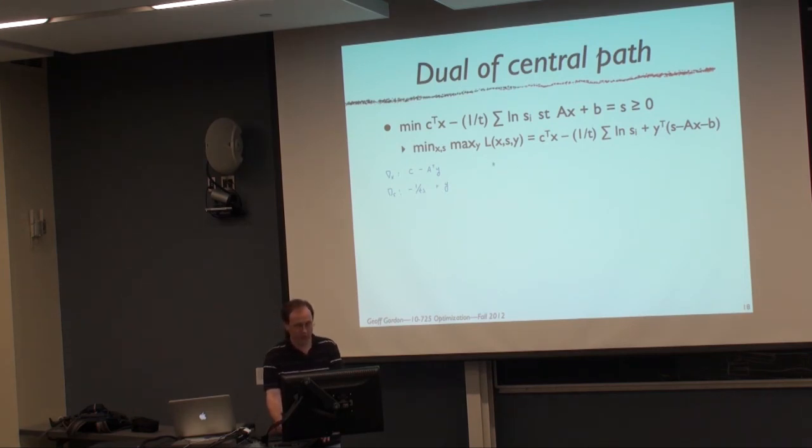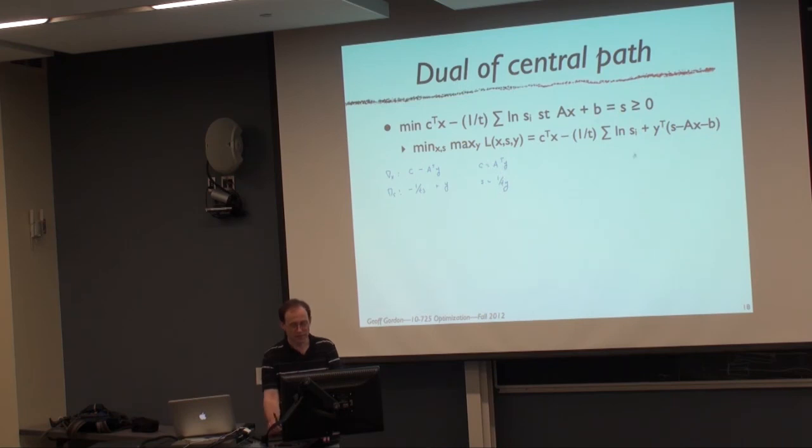And so what that means is that at the optimum over x, we're going to have c equals A transpose y, and s is equal to 1 over t times y, right?